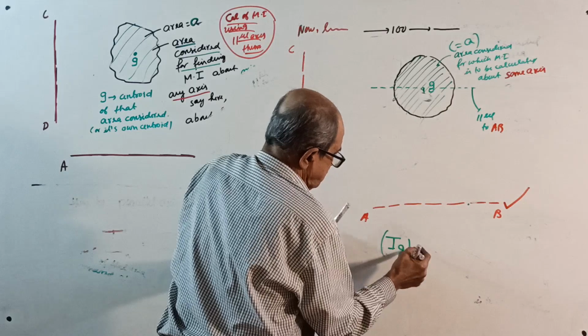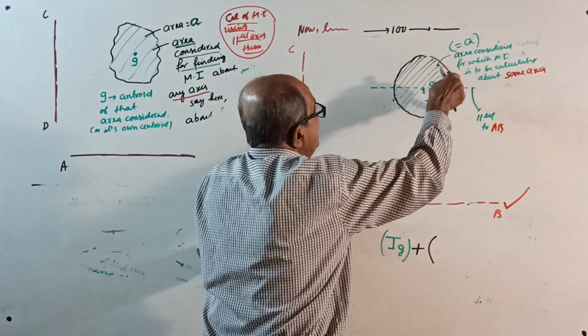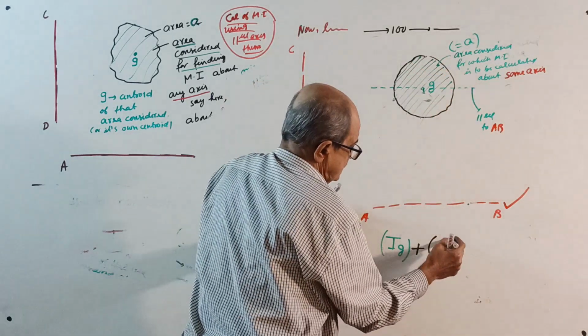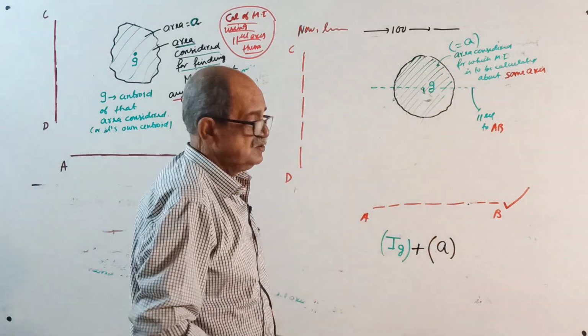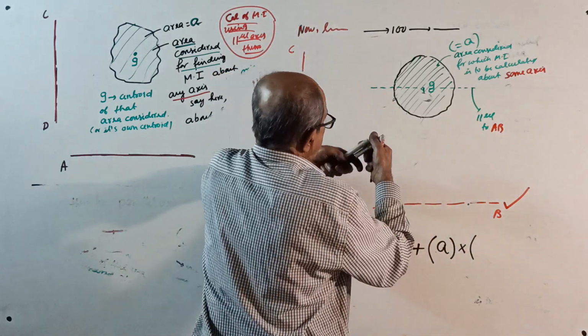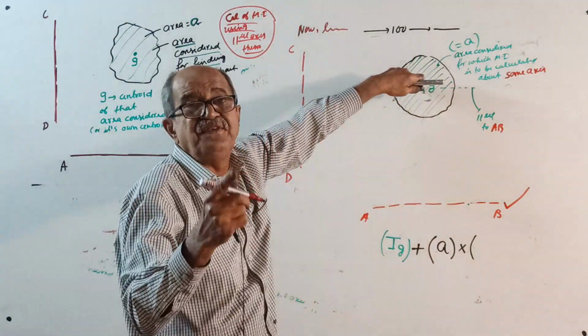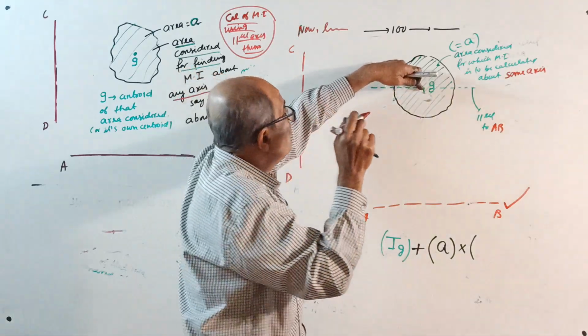Then plus bracket, whatever is this area, small a, not capital A, small a, into the distance from the centroid, where your finger is here. Now, don't remove the finger.